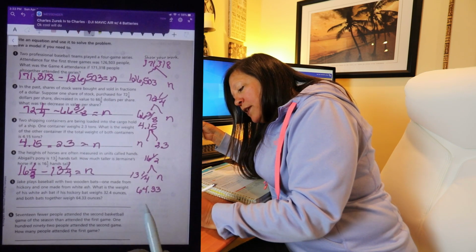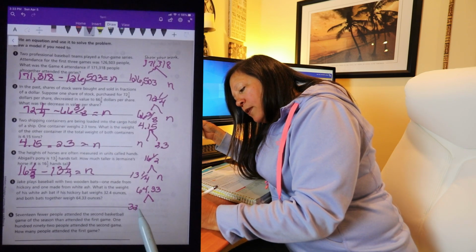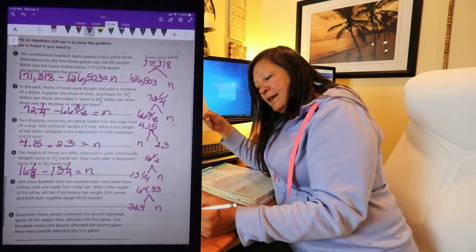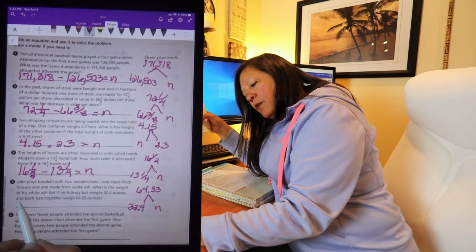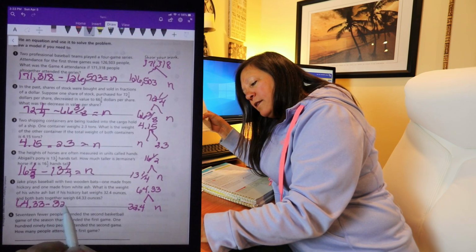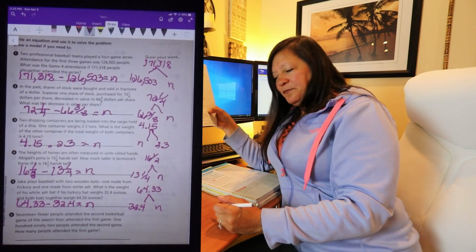So 64.33 is the top of our math mountain. 32.4 is one of the bats, and we need to figure out what is the other bat. Okay, so if we take our total weight and subtract one of the bats, that is going to give us our other weight.